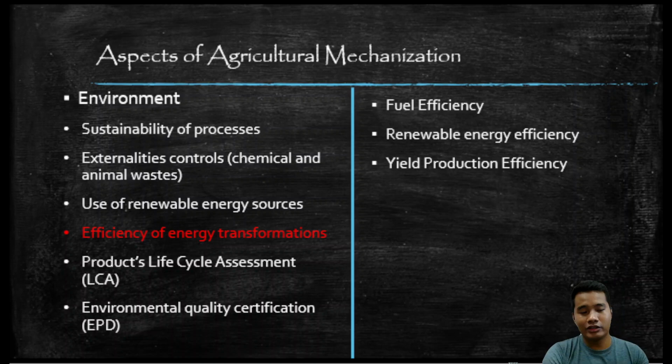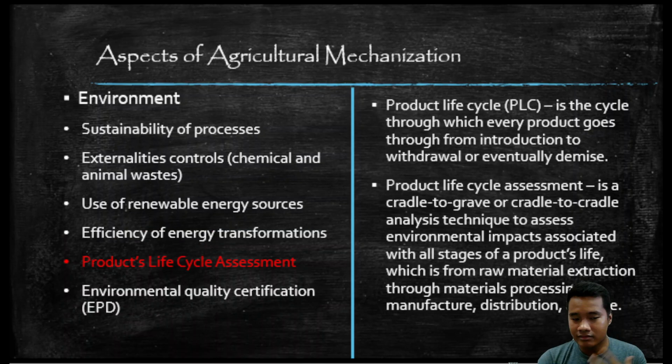Fuel efficiency, renewable energy efficiency, yield production efficiency. And also the product life cycle, as I said before, kanina, mawawala yung isip ko. Product life cycle or PLC is the cycle through which every product goes through from introduction to withdrawal or eventually demise.